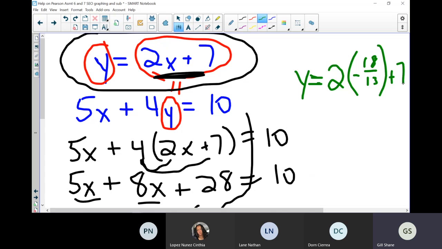You won't have to worry about this math on the quizzes for sure. So that would be negative 36 over 13 plus 7, which would be, oh boy, 70, 91. So it'd be 91, subtract 36 would be 55, I think.